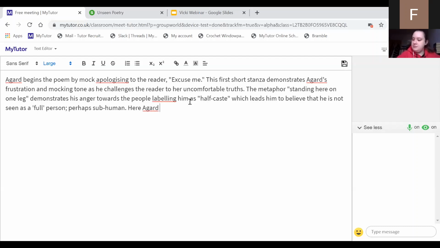Here Agard attacks the Western world's use of the term and the demeaning negative connotation. So I'm just making sure I get loads of terminology in here in my analysis that are inseparable from the term. See what you guys have just popped up.